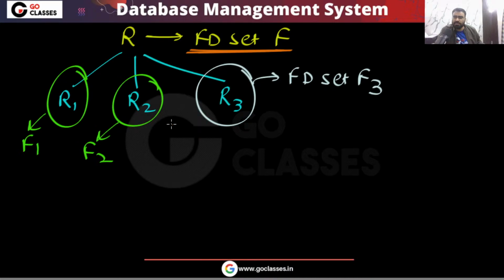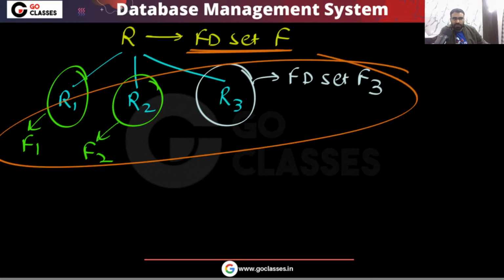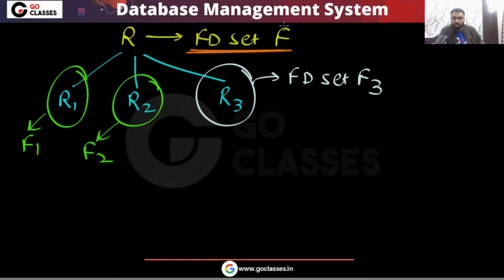Tell me one thing. Is it possible that in this F1, F2, F3, in the sub-relations R1, R2, R3, we can get some functional dependency which is not present in the functional dependencies of the original relation R?